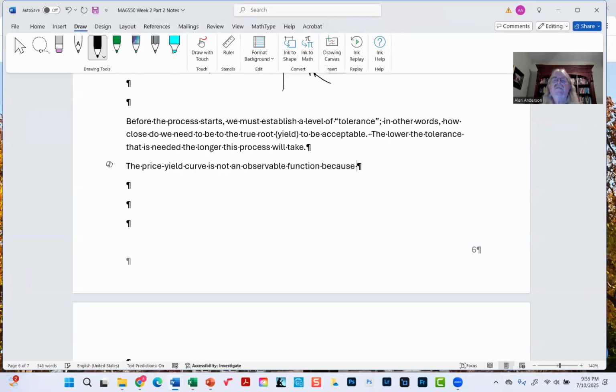because there are only a handful of bonds available to construct the price yield curve.